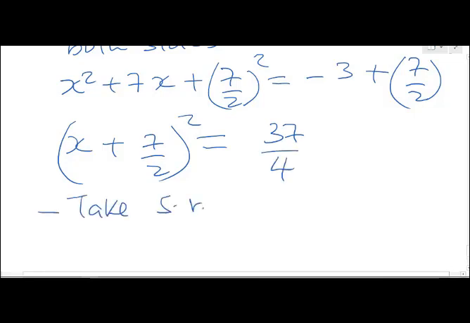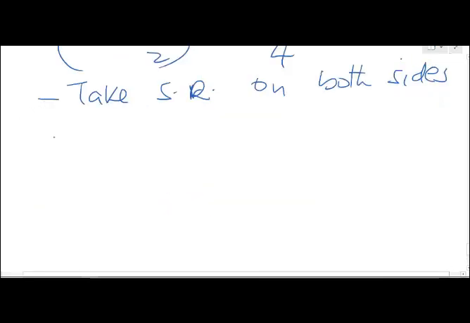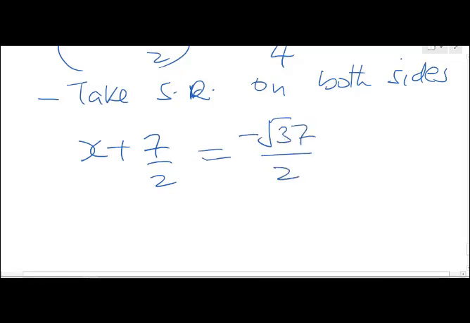Take square roots on both sides, and we get x plus 7 over 2. Right hand side, we're going to get root of 37 over 2, positive and negative. Based on the two values that appear on the right hand side, we can make two options of x.